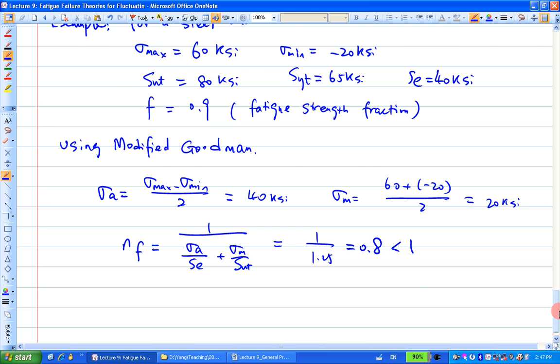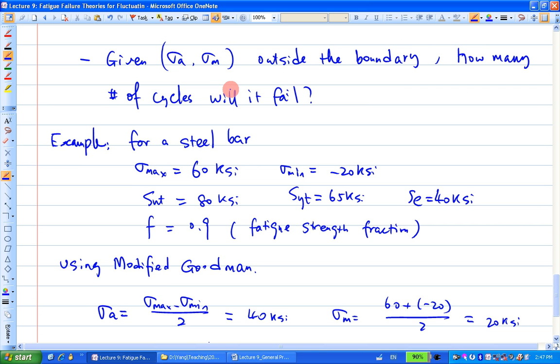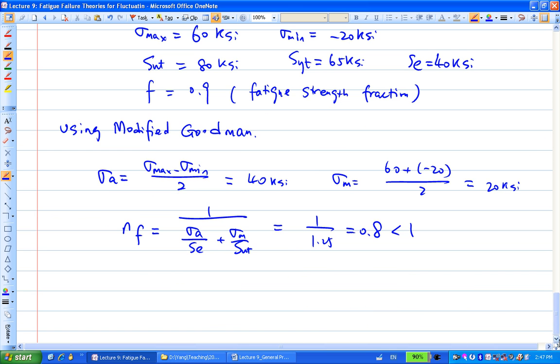So here's the question I'm asking now. If it's going to fail before 10 to the power of 6 cycles, then how many cycles would it last before it fails?